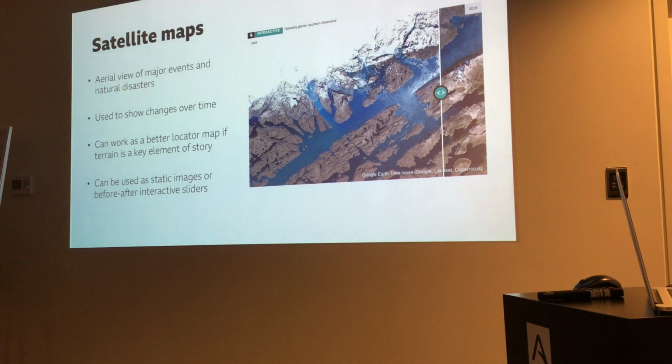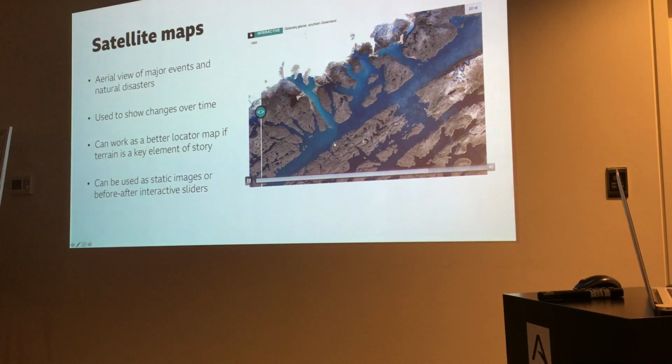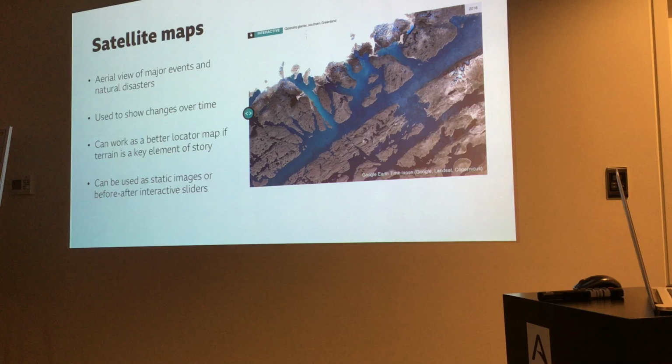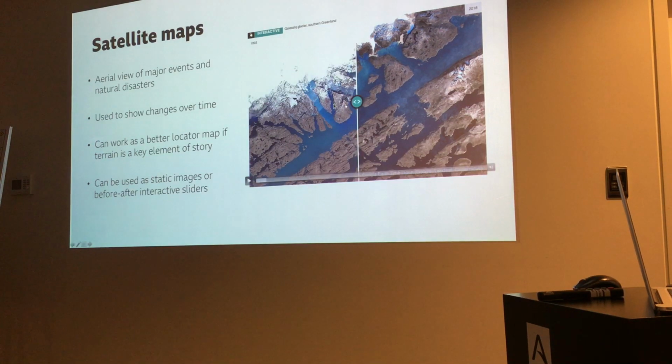it can be used to show changes over time. So you can see here on the one side we're looking at the glacier in the early 90s, and then as you swipe it, 2018. So this shows the retreat of ice in that glacier over a 25-year period.